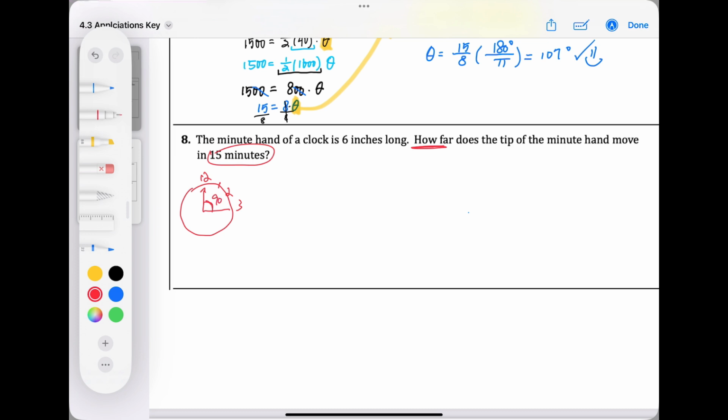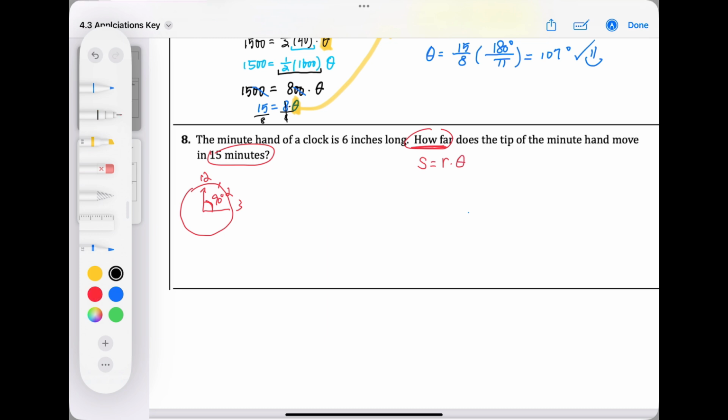So this will be 15 minutes. What degree is that? 90 degrees. How far tells me that will be the length of the arc. Do we have a formula? We do. That is equal to the radius times the central angle theta.